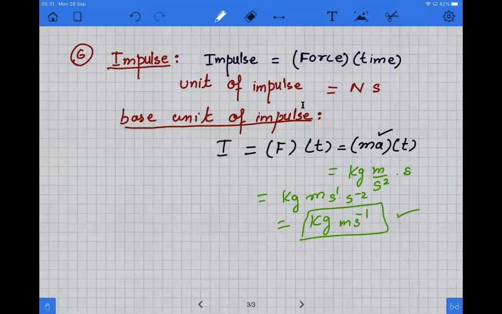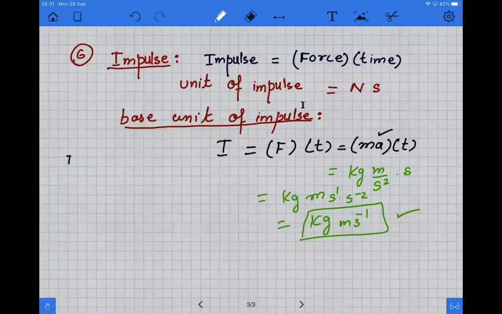It is the same as the base unit of momentum. The reason being, the impulse is numerically equal to the change of momentum. That's why impulse and momentum have the same units. So a change of a quantity and the quantity itself will always have the same base units.